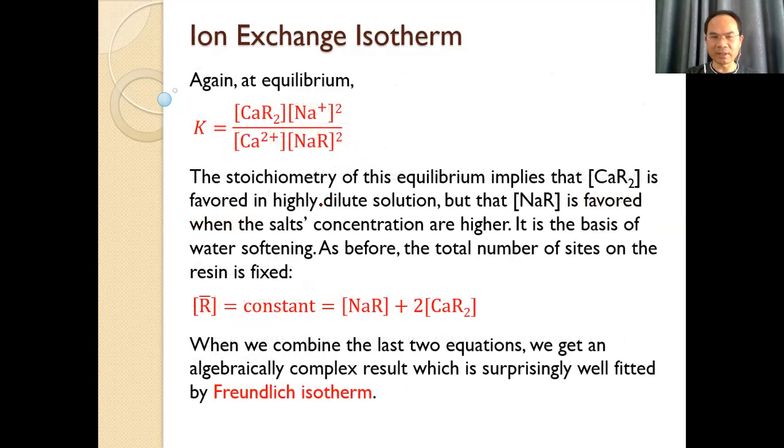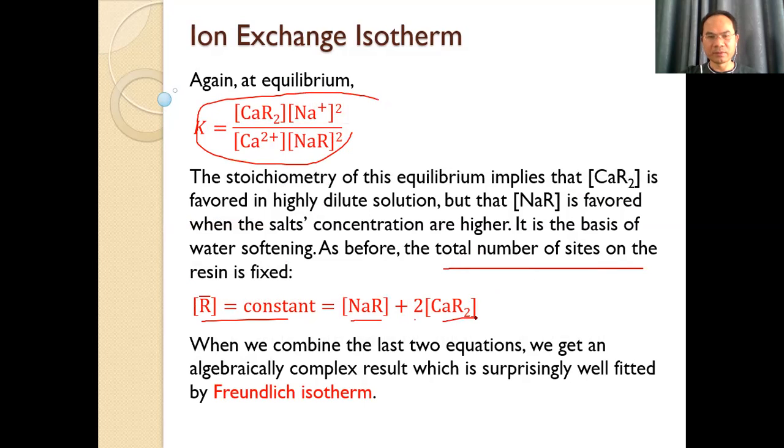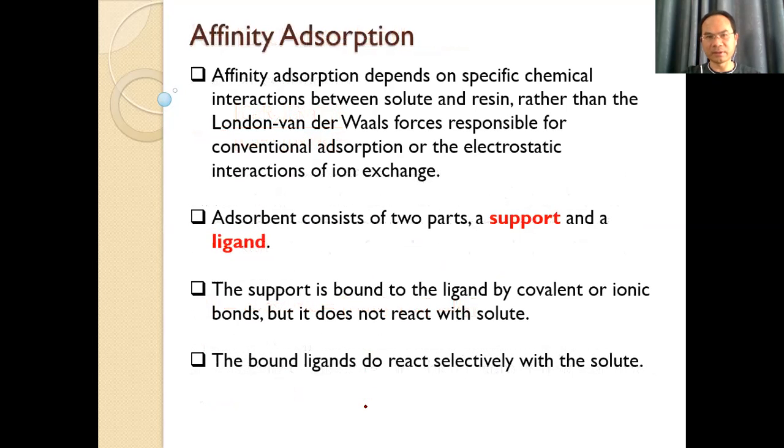And then you can calculate the equilibrium constant with this equation. We also treat the total number of sites as constant: this is NaR plus 2 CaR2. For this case, we can approximate the isotherm as the Freundlich isotherm.